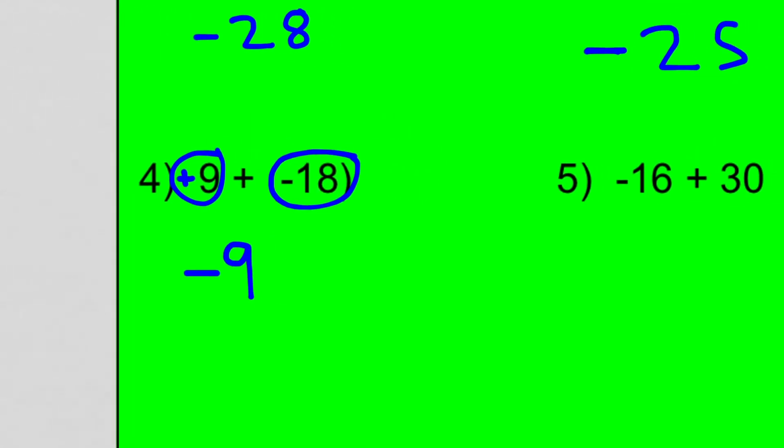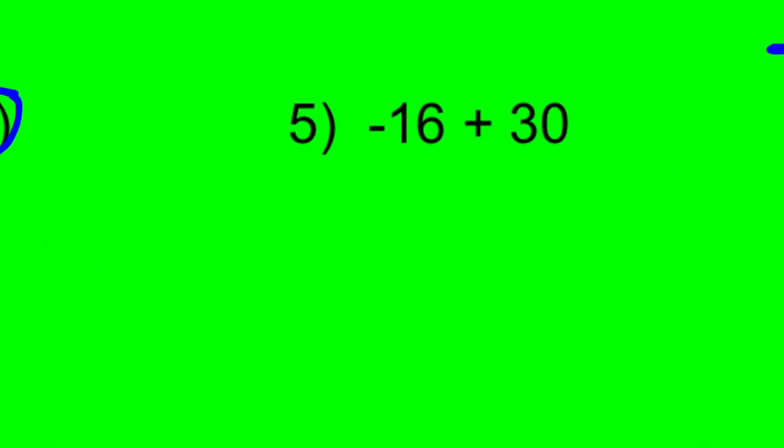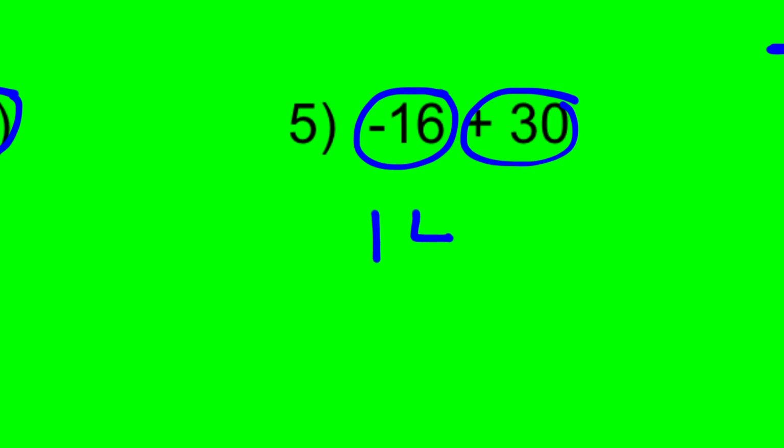And similar idea in number 5. Remember, the sign in front of the integer goes with the integer, so I have a negative 16 and positive 30. The signs are different, so I subtract. 30 minus 16 is 14. And since I have more positives, the answer will be positive 14 or just 14.